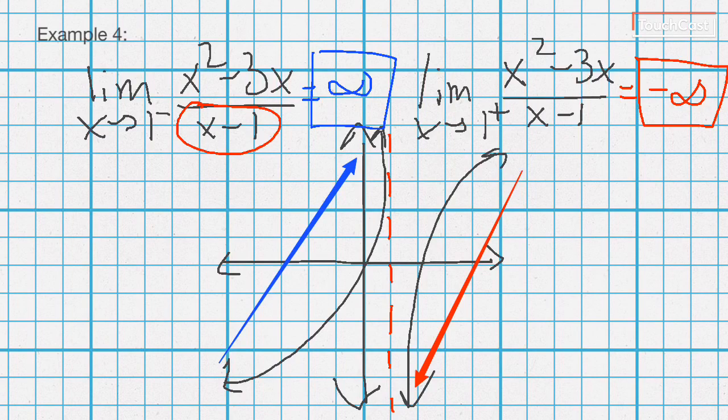This then is leading us into our next theorem, theorem 1.15, which we're calling properties of infinite limits.